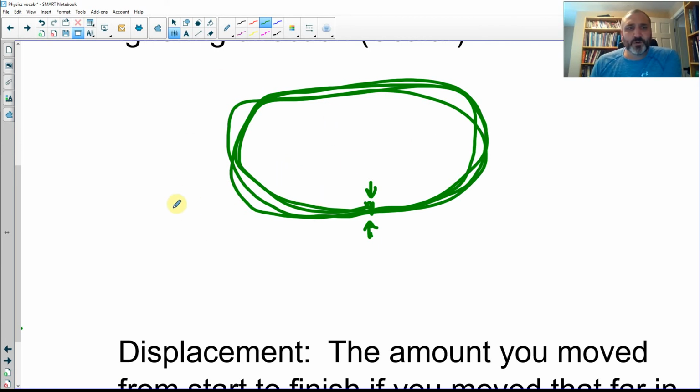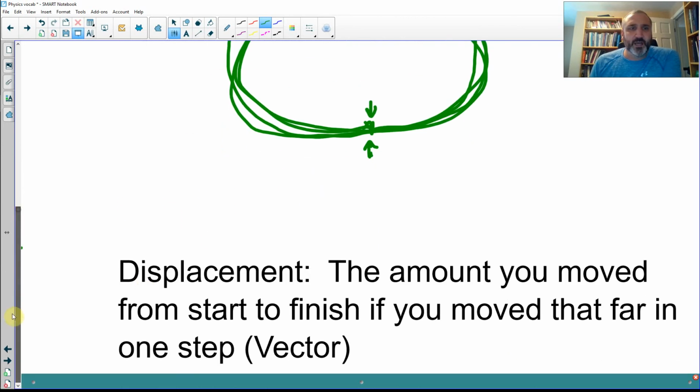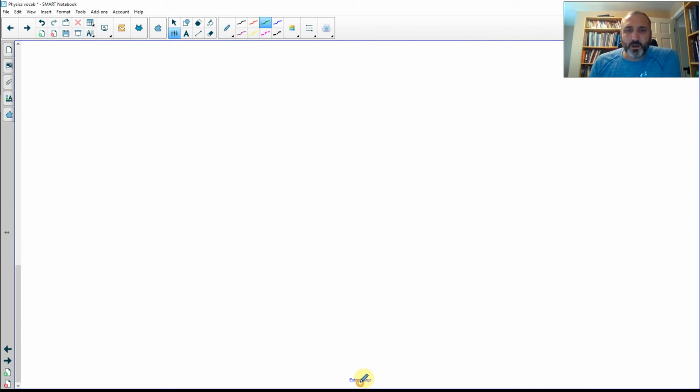And this gets to be sort of important in physics because as we're going to do some problems, I'm going to get rid of this little shady thing. We might tell you, well, I started here, I walked 10 meters this way and displaced positive 10 meters because we're going to the right.